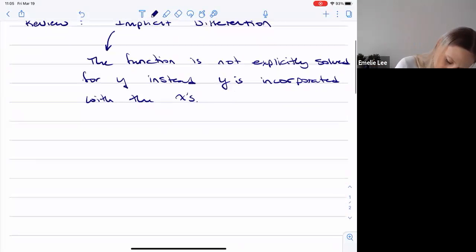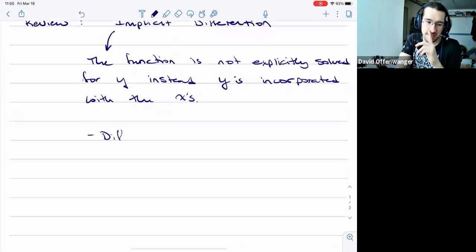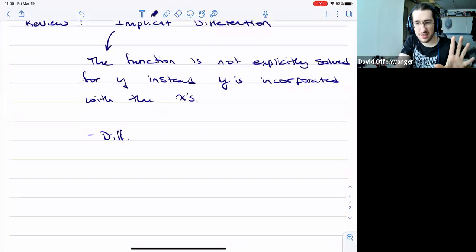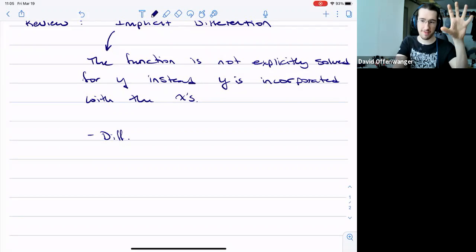Sorry for just cutting in again. Just to see if I'm understanding this, it's sort of like we're recognizing that there are y's we can't separate out easily, so we're figuring out what y prime is by essentially pulling out the y, figuring out y prime, plugging it all back in, and then solving for the y prime.